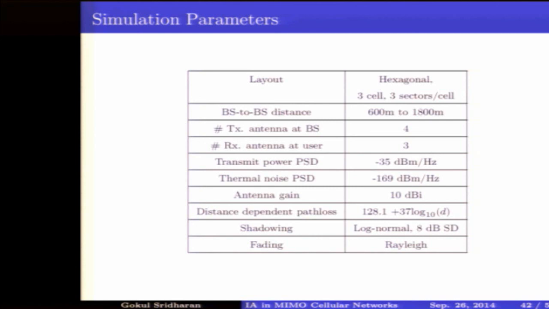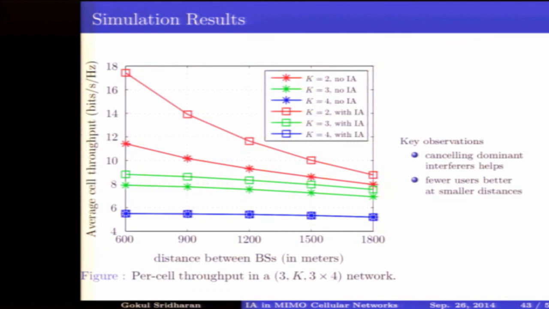We decided to use a realistic channel model, so we have path loss, shadowing, and fading, everything taken into account, and a few other system parameters are in there. And these were the kind of results that we saw. What you see here is the performance with and without interference alignment. The markers with a star indicate where interference alignment was not used.